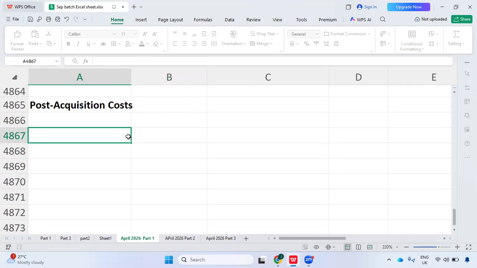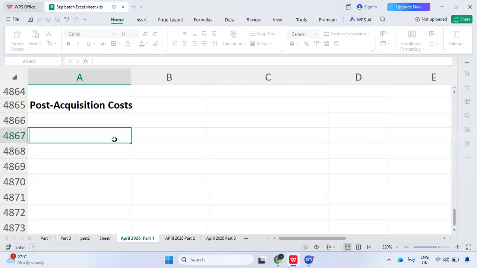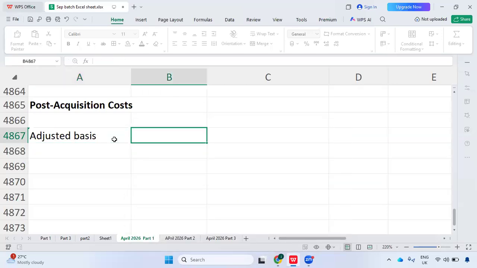If it is a repair, which is a regular expense, then we will not add it to the basis. If it is an improvement, then we will add to the basis. So this is what we have seen. Now the formula: adjusted basis. To calculate the gain, we require the adjusted basis. Without adjusted basis, we will not calculate the actual gain.